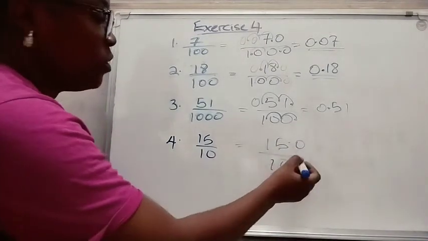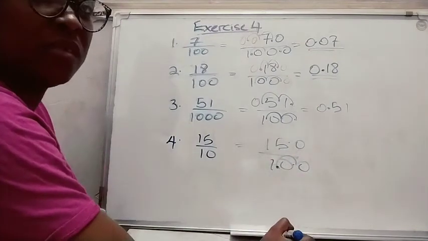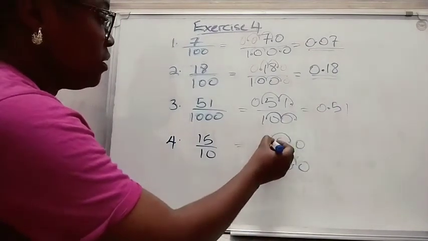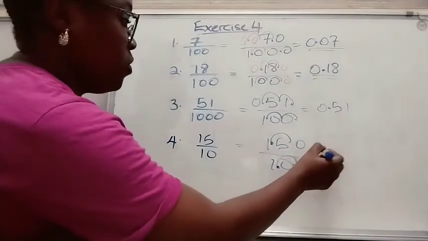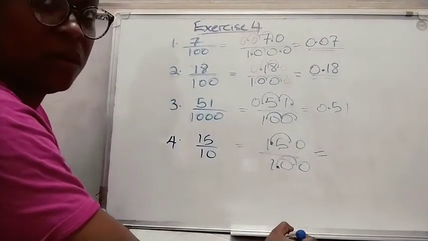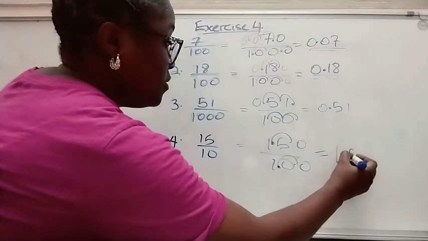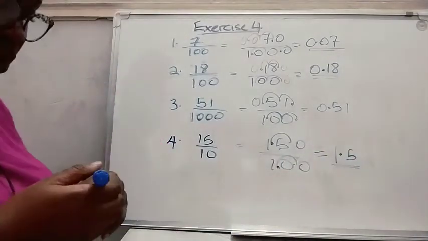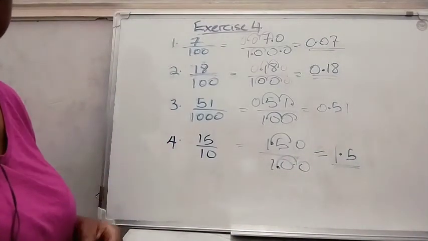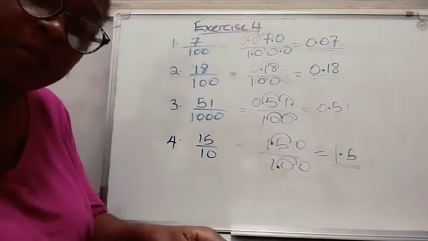To make this 1, we'll move this decimal once, and we have to do the same thing here. For equality's sake, we have to do the same thing we do at the denominator on the numerator and vice versa. So the answer will be 1.5. I hope we got that. If you have any further questions, make your comment in the comment section.